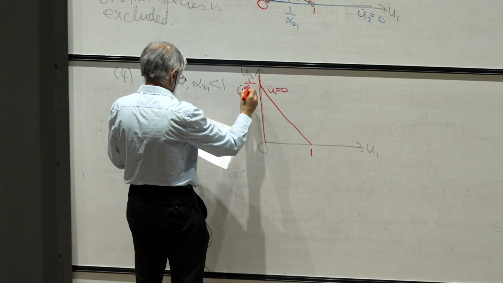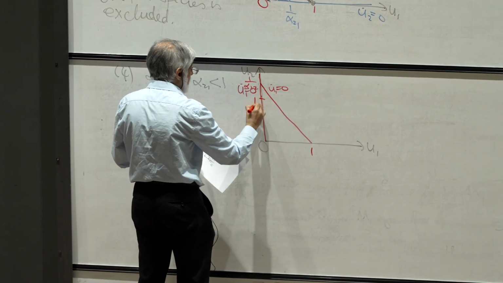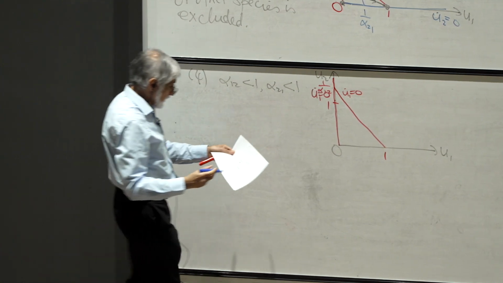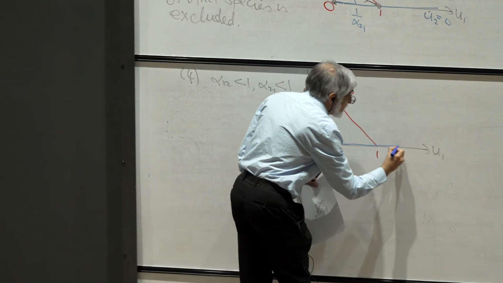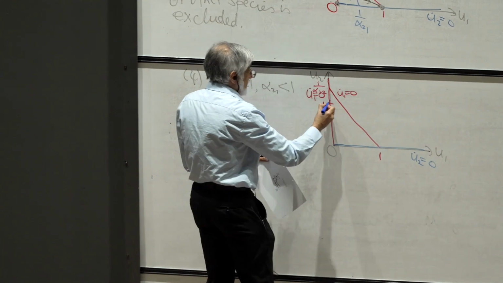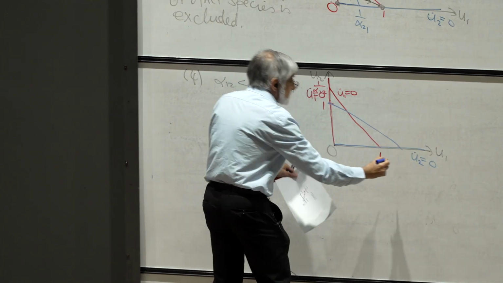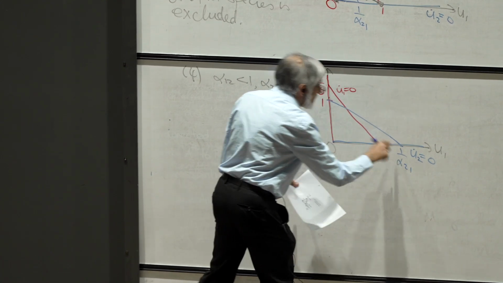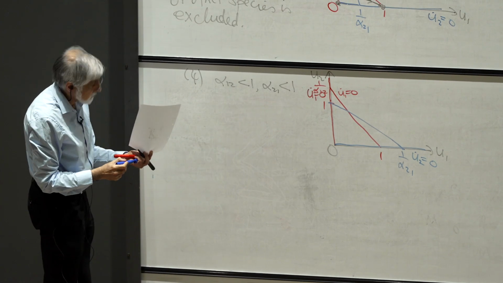That's 1 over alpha 1,2, and that's now bigger than 1. And the other one is this. And this. That's supposed to be a straight line. 1 over alpha 2,1, bigger than 1.